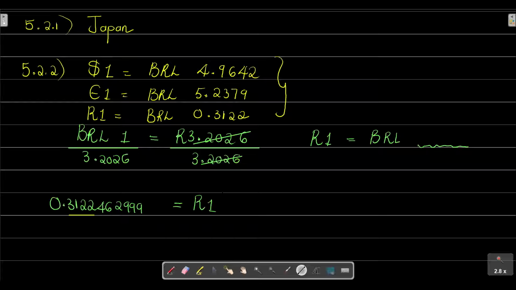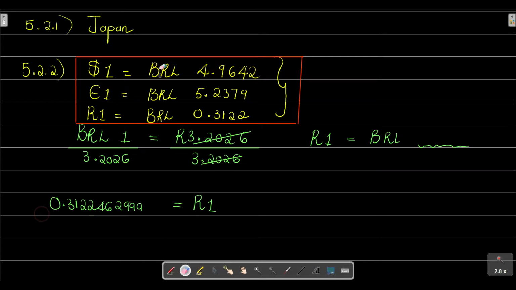Now we're going to focus on what we have here, to determine which currency gives us the fewest Brazilian reals. We can see that if you have $1, you will have 4.9642 Brazilian reals. If you have 1 euro, you will have 5.2379 Brazilian reals. If you have 1 rand, you will have 0.3122 Brazilian reals.